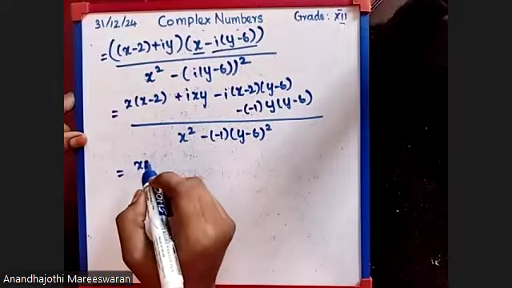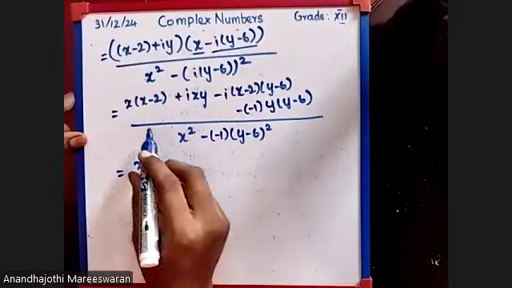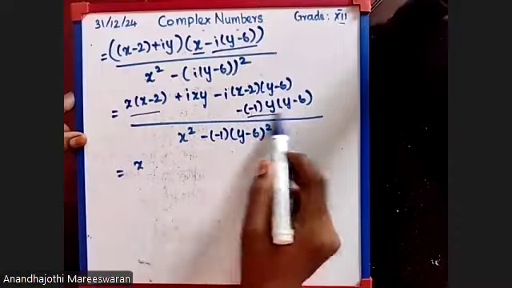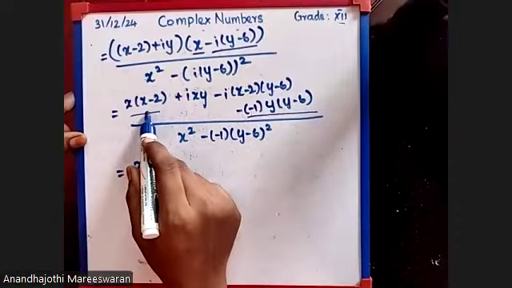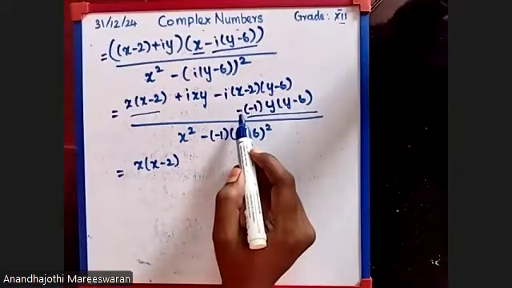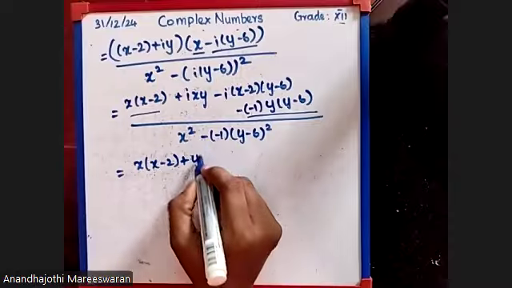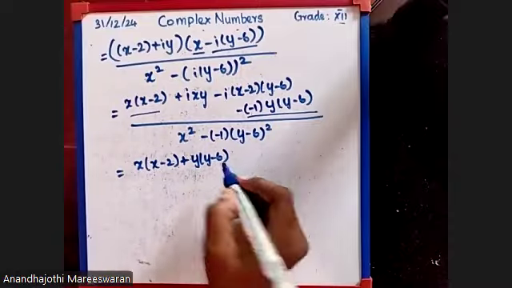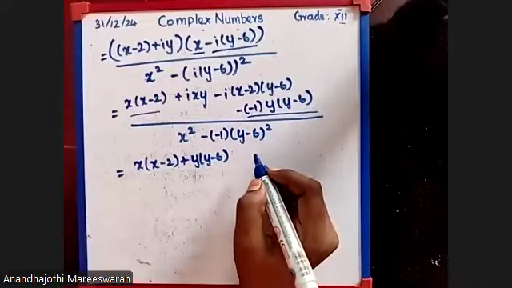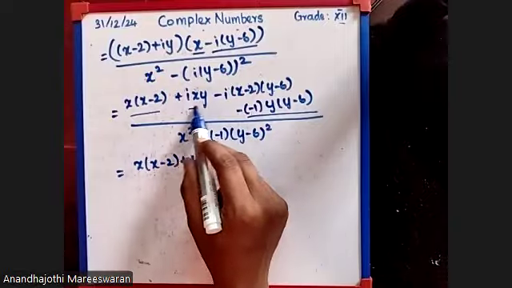So I'm going to separate the real part and imaginary part. Shall we start doing this? Yes. Who are the real parts here? This one and this one. So I can take this directly: x multiplied by x minus 2. Here minus of minus 1 will be plus, and y multiplied by y minus 6. And then who are the imaginary parts?